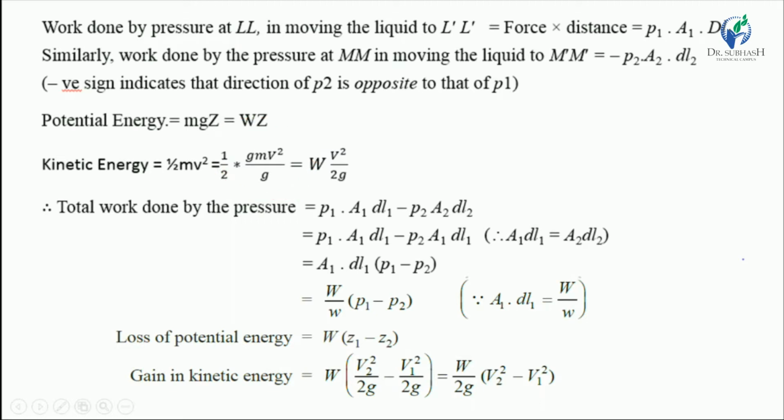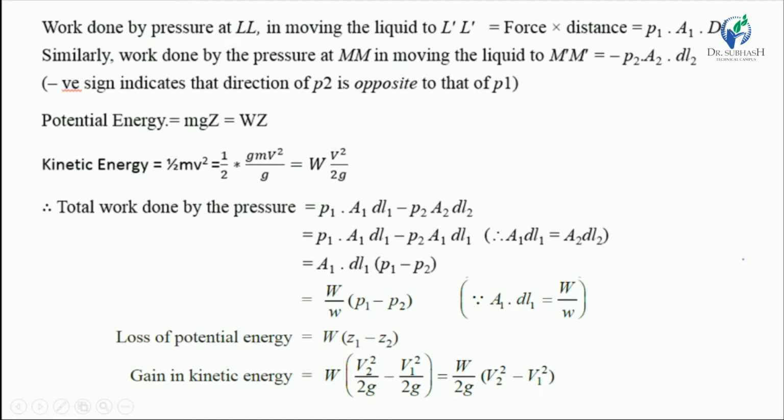So mg is equal to weight, so the equation becomes weight into v square upon 2g. Okay. Now we can take the total work done by pressure, which is equal to P1 A1 dl1 minus P2 A2 dl2.